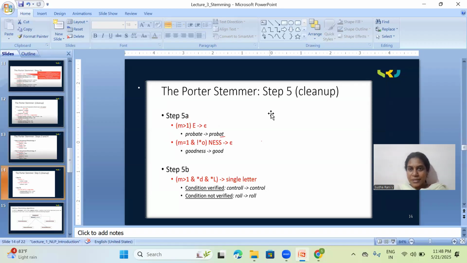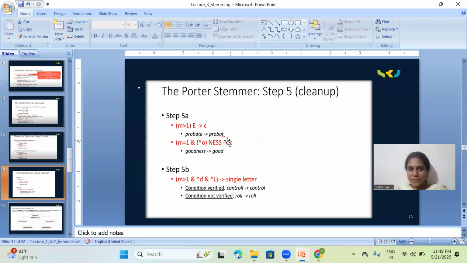So come to the Porter stemmer step 5. Step 5a, E tends to null. See, m is greater than 1. E tends to null. See the example. Probate tends to probat, rate tends to rat.